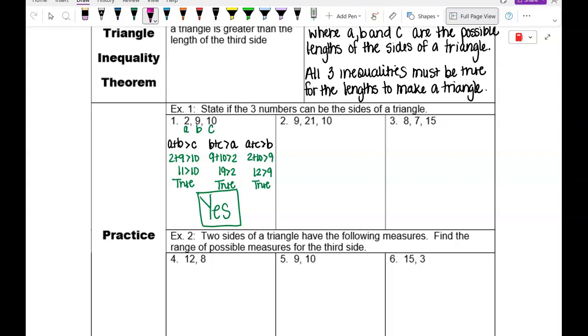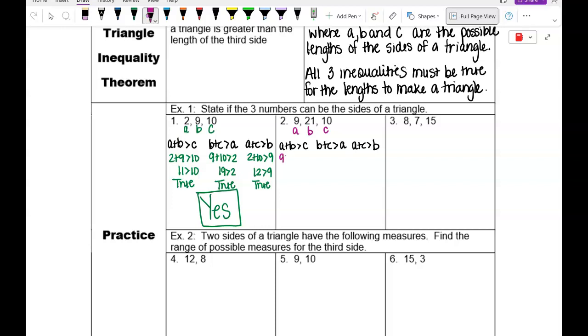Number 2, 9, 21, and 10. Again, it doesn't matter which one is A, which one is B, and which one is C. They're just simply standing in for the 3 possible side lengths there. So again, A plus B has to be greater than C. B plus C has to be greater than A. And A plus C has to be greater than B. If I can get 3 true statements, then yes, those values can be the side lengths of a triangle.